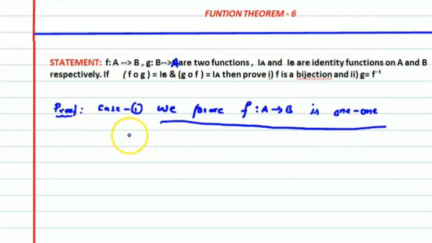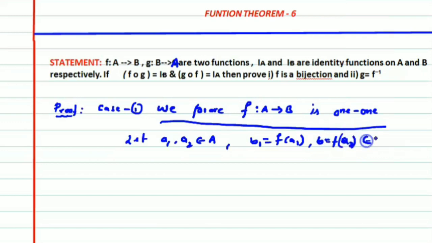Since F is a function and G is a function, let a1, a2 belong to A, b1 is equal to F of a1, b2 is equal to F of a2, and b1, b2 belong to B. Since F mapping from A to B is a function, if you want to prove F is a 1-1 function, consider F of a1 is equal to F of a2.